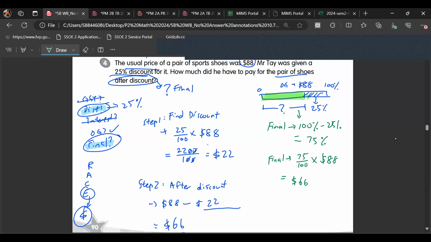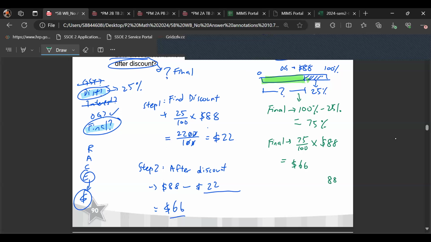So 88 times 75: 8 times 5 is 40, then 8 times 7 is 56. Then you add up. The calculation is slightly simpler.